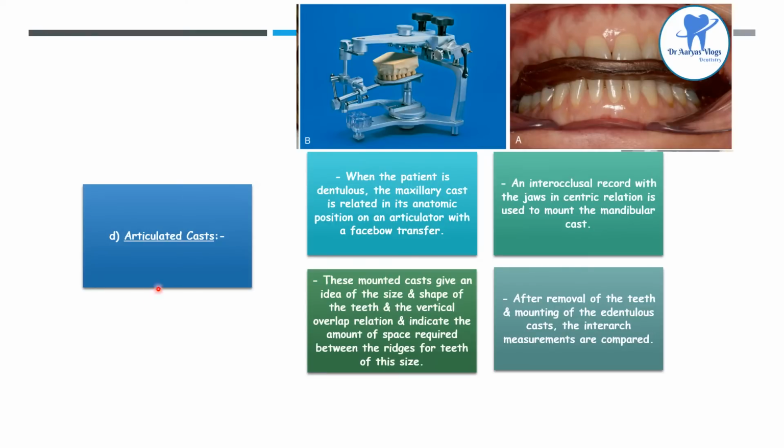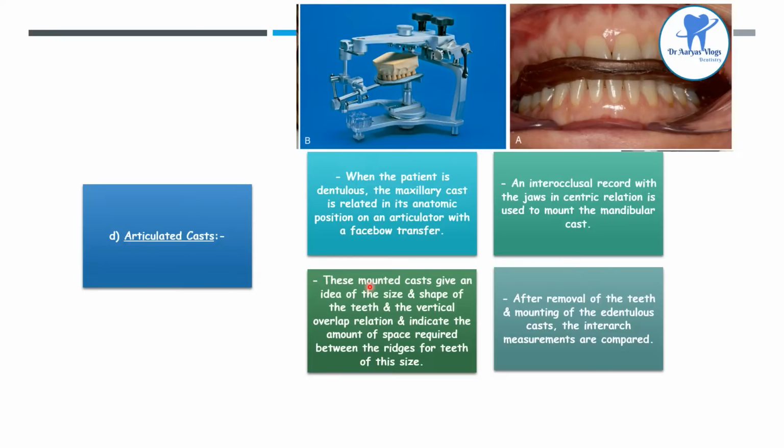Coming to the articulated cast, when the patient is dentulous, the maxillary cast is related in its anatomic position on an articulator with a face-bow transfer. An intraocclusal record with the jaws in centric relation is used to mount the mandibular cast. So when the patient is dentate, then the maxillary cast is related to an anatomic position on an articulator with a face-bow transfer, and an intraocclusal record is used to mount the mandibular cast.